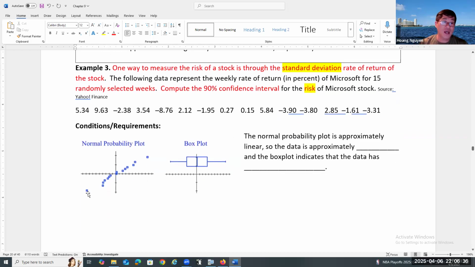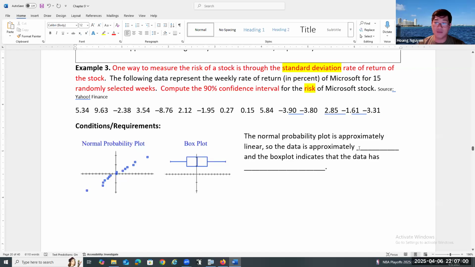For this question, we are provided a normal probability plot, and we're looking for the linear trend from left to right. Based on this normal probability plot, we have a linear trend from left to right, so the second condition is okay.